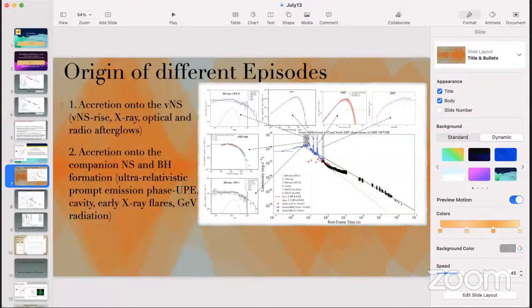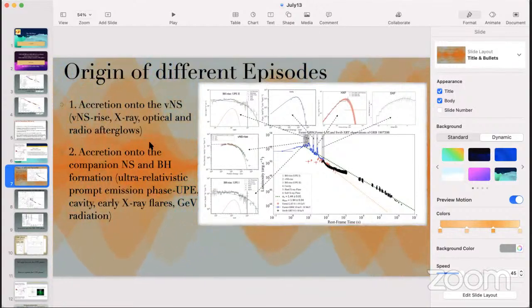Therefore, these are the two systems which show the complexity of our approach and the energetics of this approach, and the essential reason of the different components. Now, when you go to the BdHN1 and you sum up the UPE phase and the JEV radiation, and then you sum up as well the X-ray afterglow, all these together come out with the energy of 10 to the 54 erg.